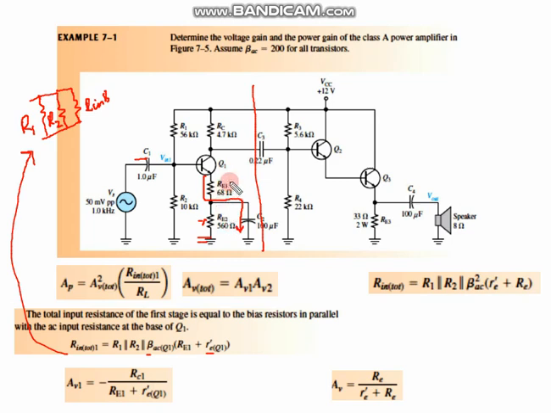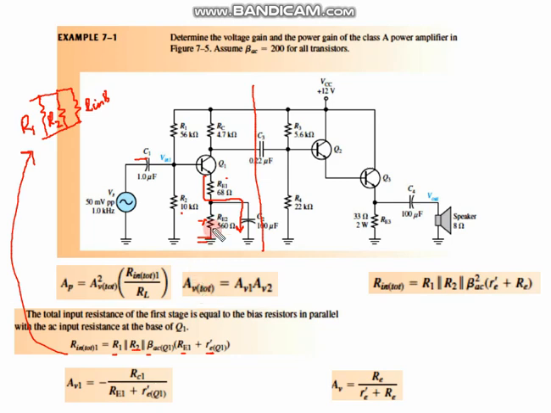So the effective AC resistance would be the addition of RE1 plus small re prime. And beta is given, which is 200, R1 is given as 56, R2 is given as 10, and RE is also given as 68 ohms. The only thing we need is to find the small RE prime.